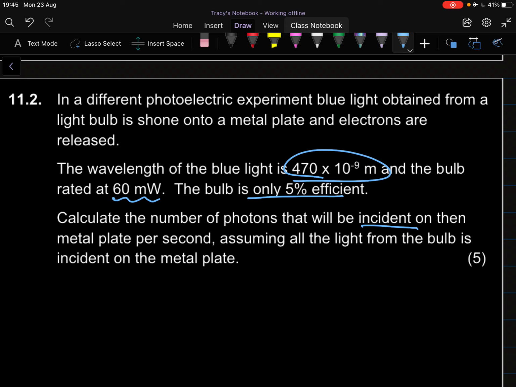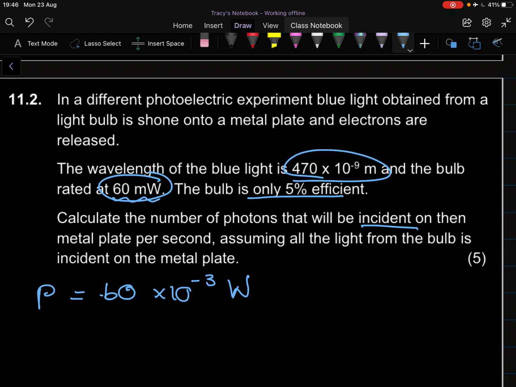Now this one is a difficult question. Okay, we have a power of 60 milliwatts, times 10 to the minus 3. Okay, we divide by 1,000.